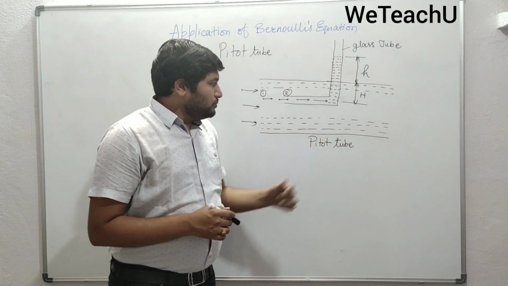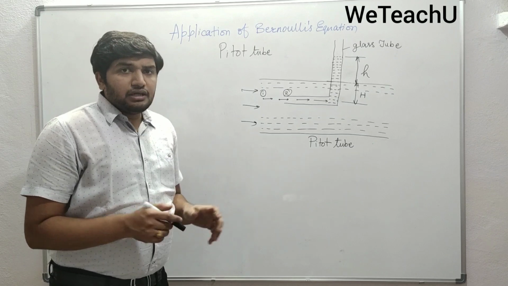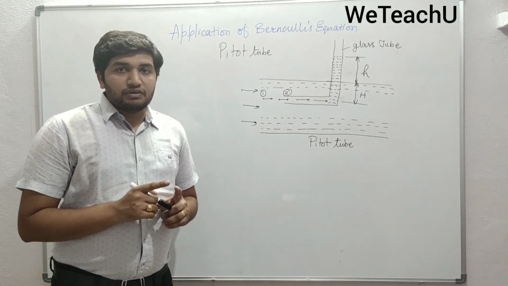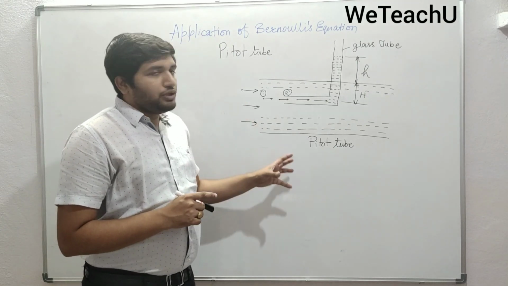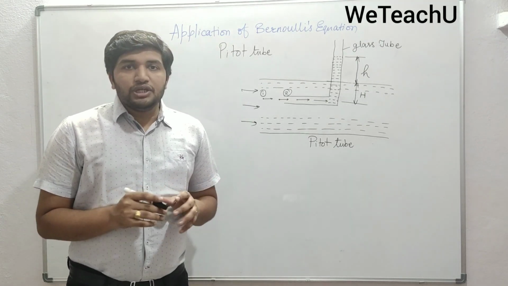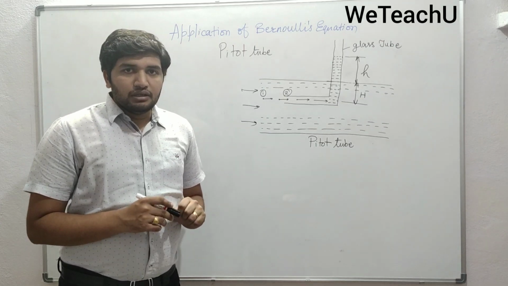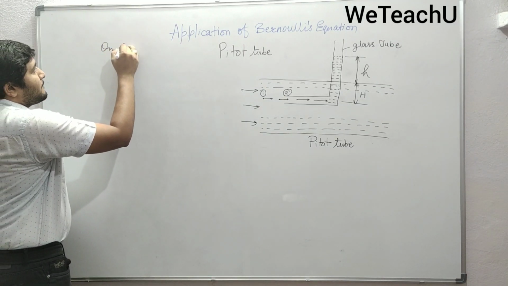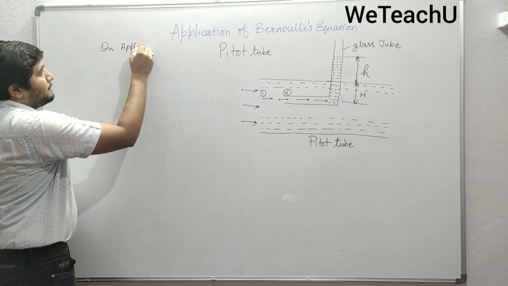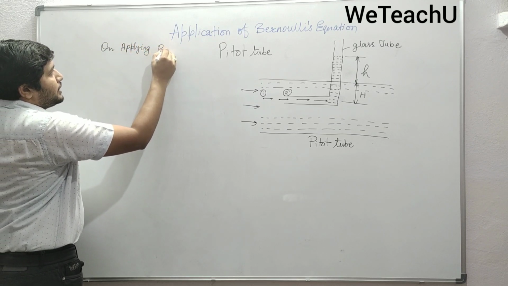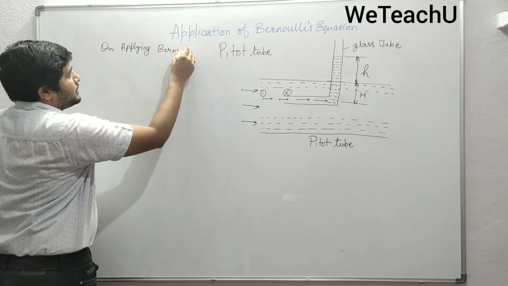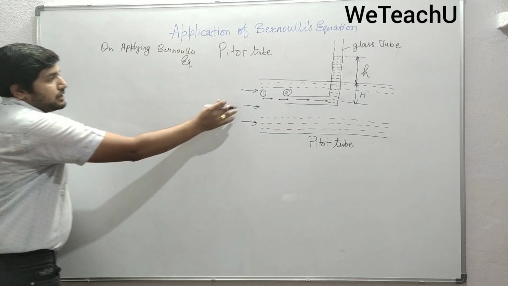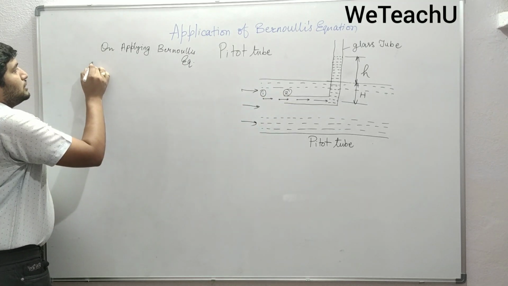In this pitot tube, on applying Bernoulli's equation, we have to determine the velocity at point 1. So let's see. Applying Bernoulli's equation at point 1 and point 2.